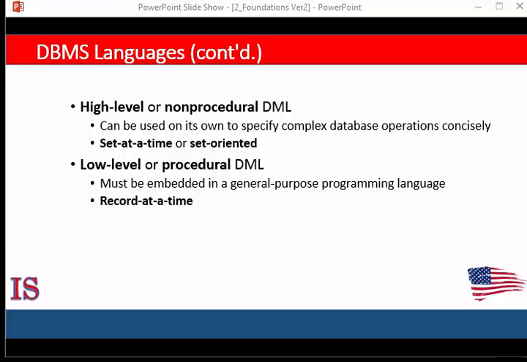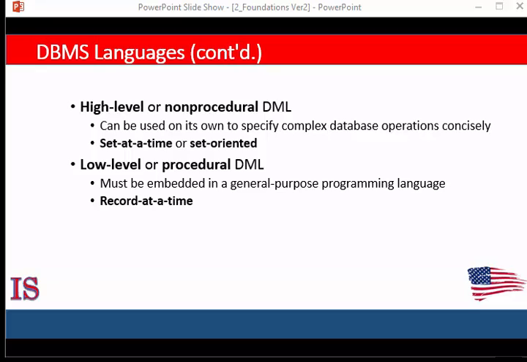A low-level or procedural data manipulation language must be embedded in a general-purpose programming language. This type of data manipulation language typically retrieves individual records or objects from the database and processes each separately. Therefore, it needs to use programming language constructs such as looping to retrieve and process each record from a set of records.